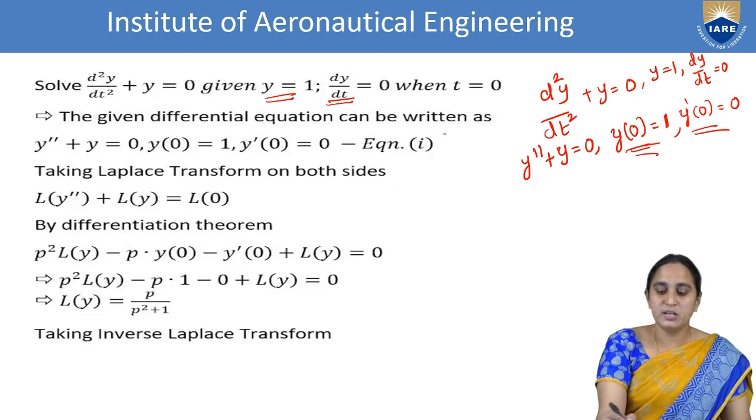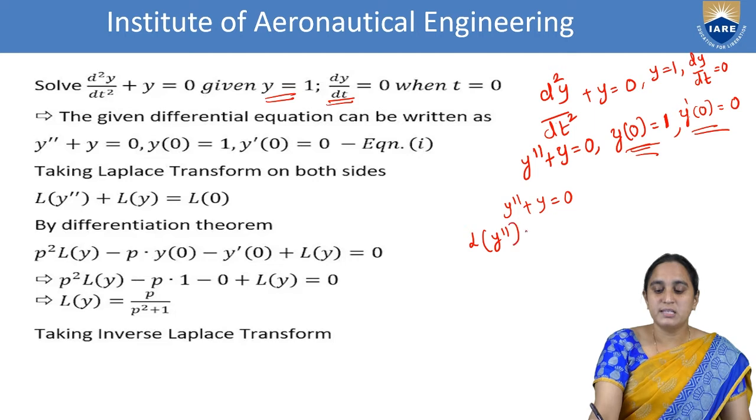Whatever the given equation is, y'' + y = 0, I'm applying the Laplace transform on both sides, that is L of (y'' + y) is equal to L of 0.